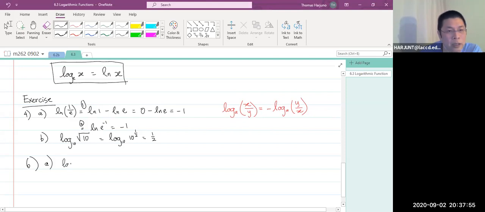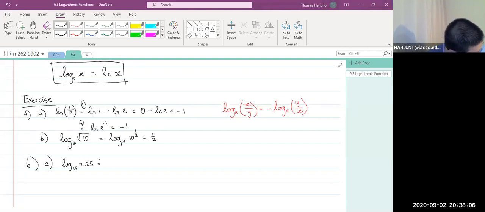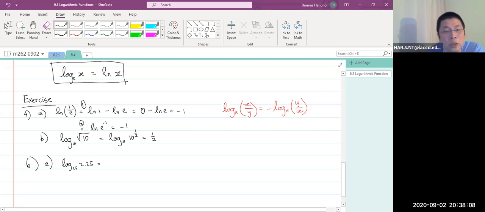Log base 1.5 of 2.25. What is that equal to? This is log base 1.5 of 1.5 squared. So yeah, 2.25 is 1.5 squared, giving 2.